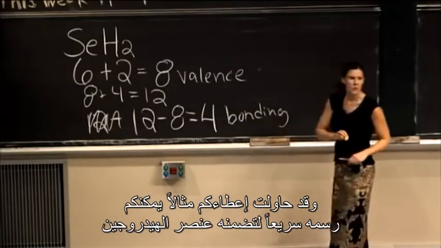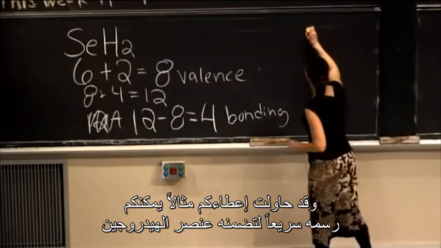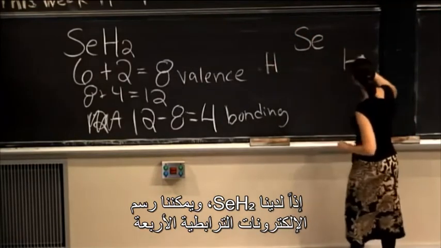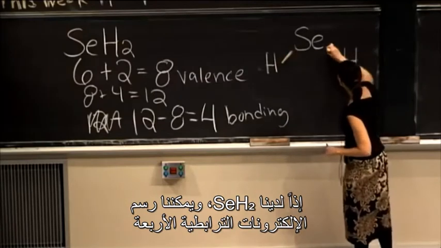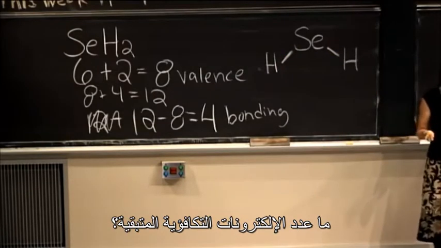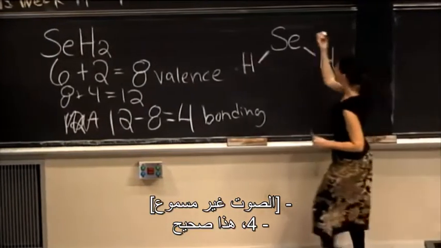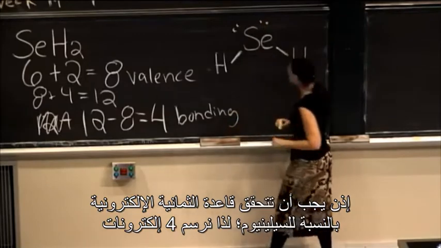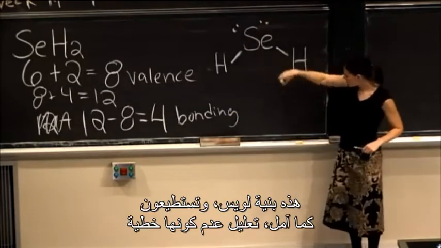So I tried to give you one that you could draw pretty quickly. It just has hydrogens in it. So we have SeH2. We can do our 4 bonding electrons. How many valence electrons do we have left? 4. That's right. So we need to fill our octet for selenium. So 1, 2, 3, 4. So this is our Lewis structure here.